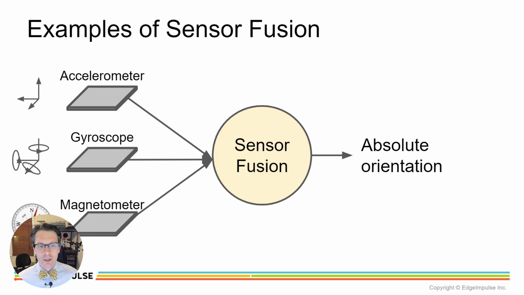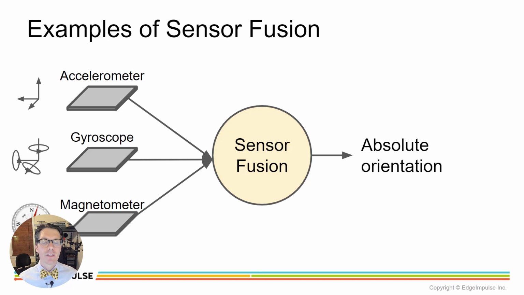What we're going to be looking at is using sensor fusion to combine sensor data from 3 different types of sensors. Actually, we're going to be using 2, but one you're probably familiar with is this idea of getting absolute orientation using an accelerometer, a gyroscope, and a magnetometer.